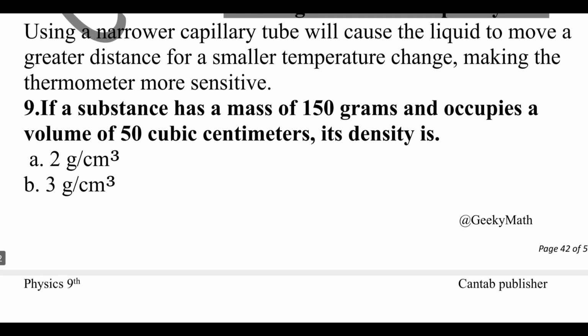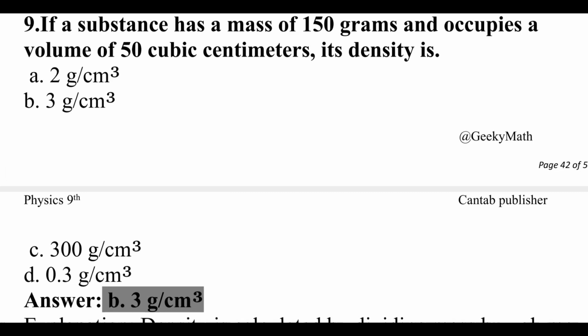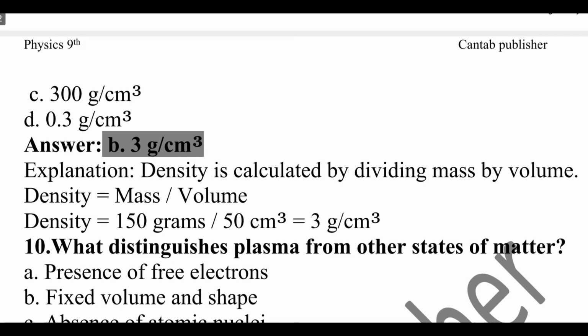Question number 9. If a substance has a mass of 150 grams and occupies a volume of 50 cubic centimeters, its density is: option A, 2 gram per cubic centimeter; option B, 3 gram per cubic centimeter; option C, 300 gram per cubic centimeter; option D, 0.3 gram per cubic centimeter.